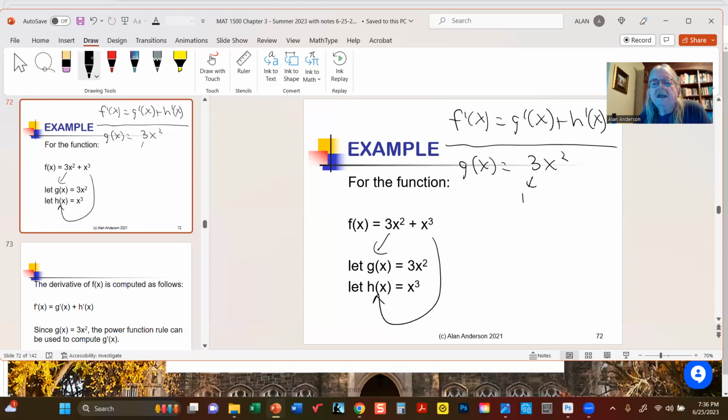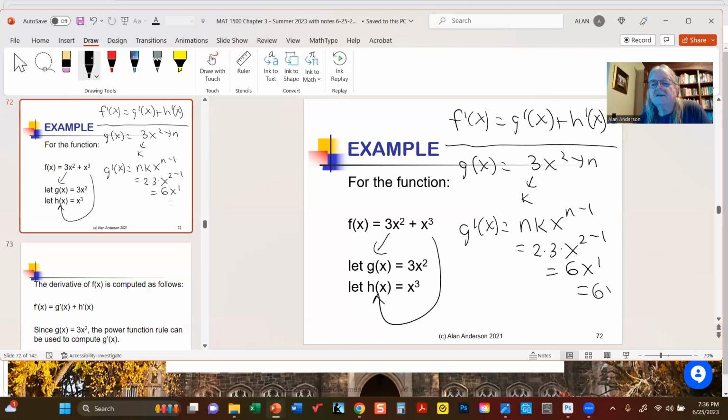So this is our k and this is our n. G prime of x is going to be n k x to the n minus 1, 2 times 3 times x to the 2 minus 1, 6x to the 1, or 6x.